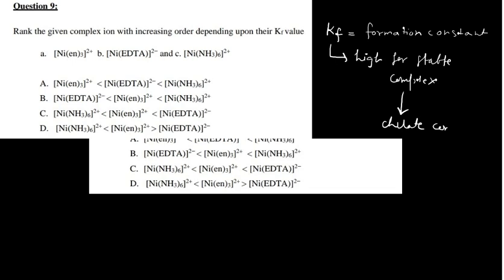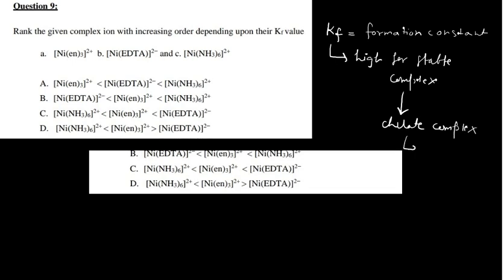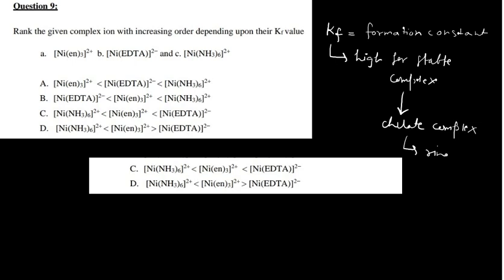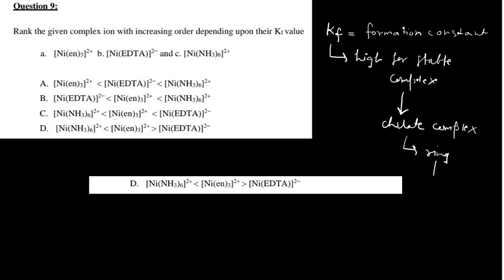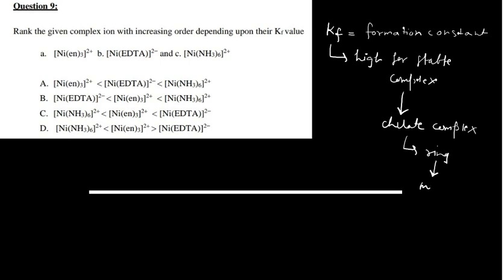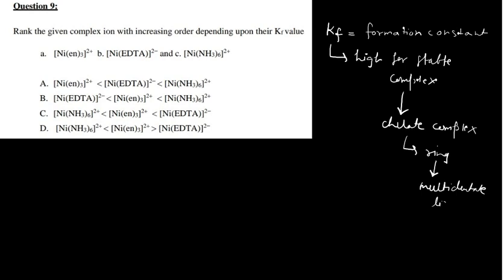Chelate complexes are those complexes which have the ring structure, and ring structures are formed by the multidentate ligands. So what ligands have you been given? You have been given ethylenediamine.